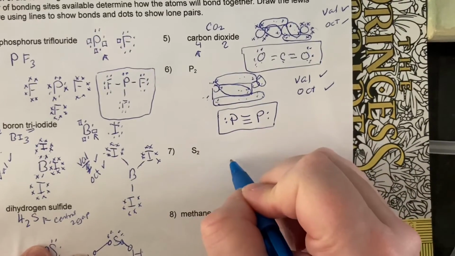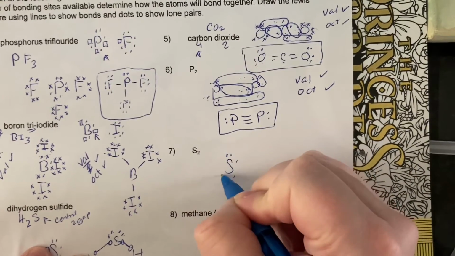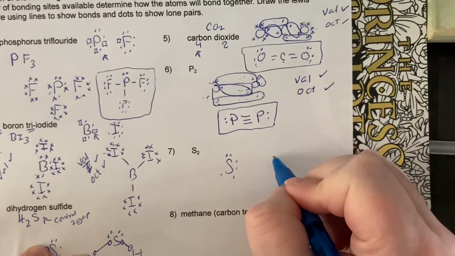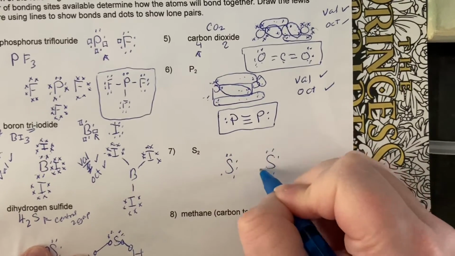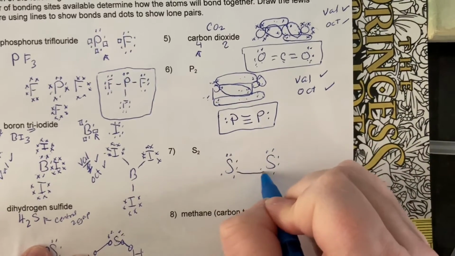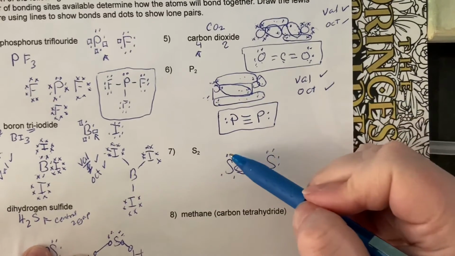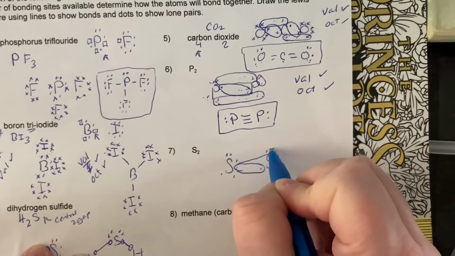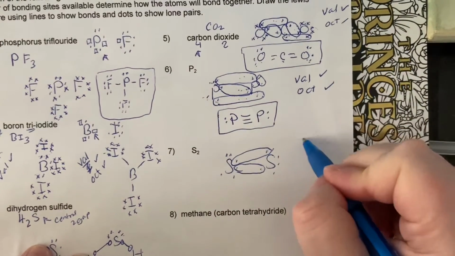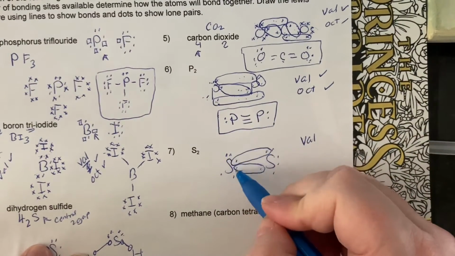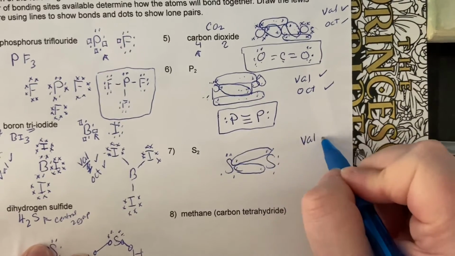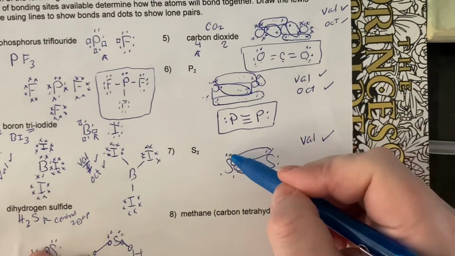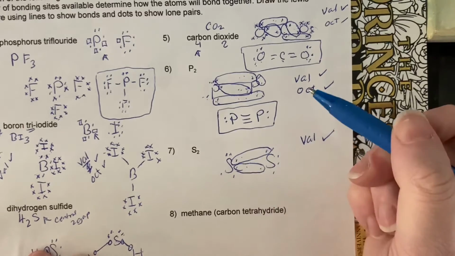S2. Okay, no central atom. 1, 2, 3, 4, 5, 6. 1, 2, 3, 4, 5, 6. Single bond. 2, 4, 6, 7. Not happy. I'm just going to go right again and draw that second one. Now let's check. 2, 4, 6, 2, 4, 6. I did not magically create any electrons. 2, 4.